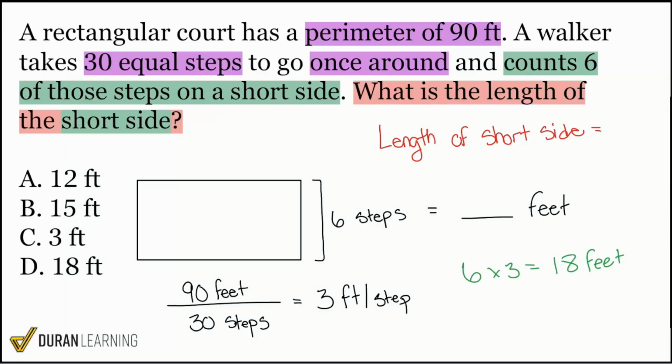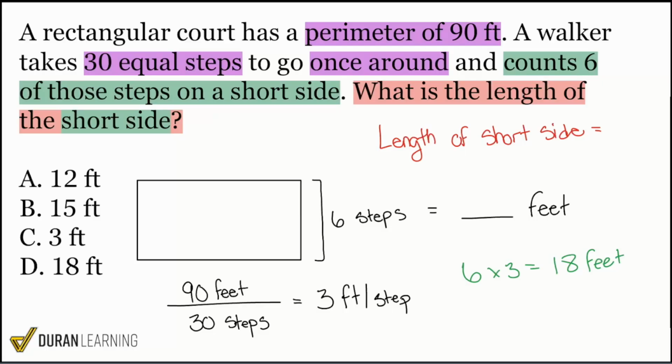The other way that would have taken a lot longer, but still doable, would have been to find the side lengths through the perimeter formula by then using the counts first. So your perimeter would be 30 steps, then your side would be 6 steps, then you would find the other side, which would end up being 9 steps, and then once you did all of that, then you could have actually done a ratio or proportion to do a times 3, but still that would have been a massive waste of time.